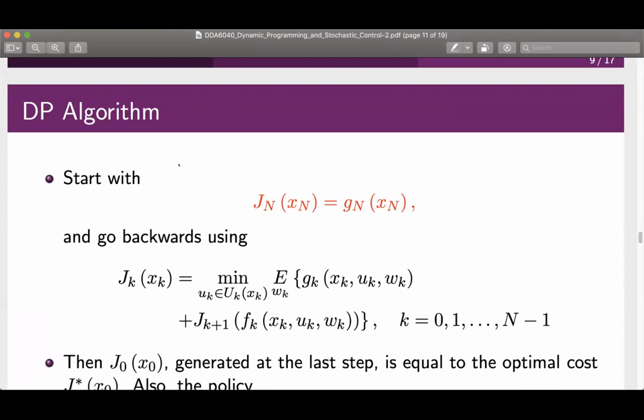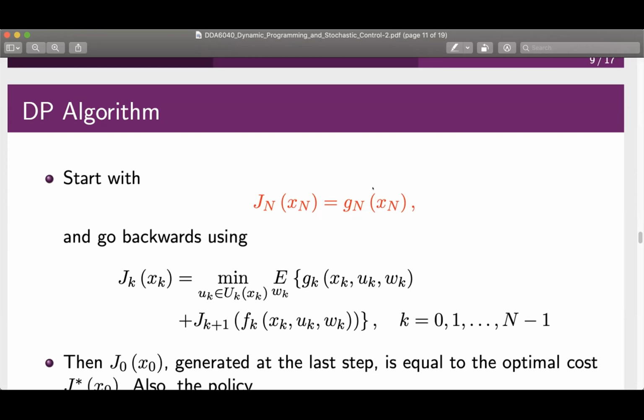So now, following the DP algorithm, first we solve the smallest subproblem. The cost has only one stage cost, gN(xN). Here this is not controllable.